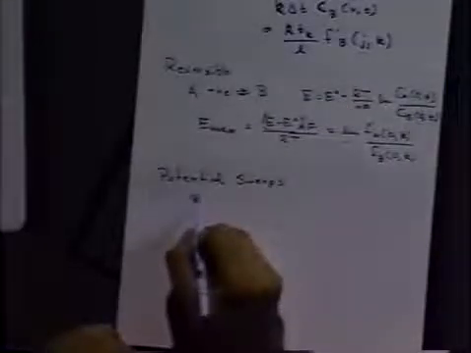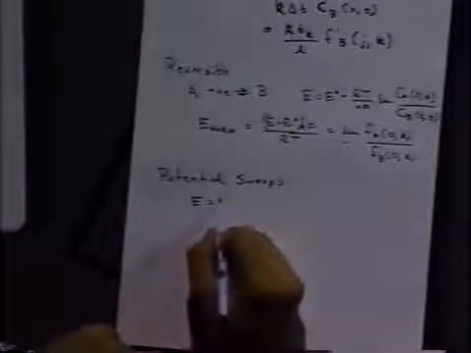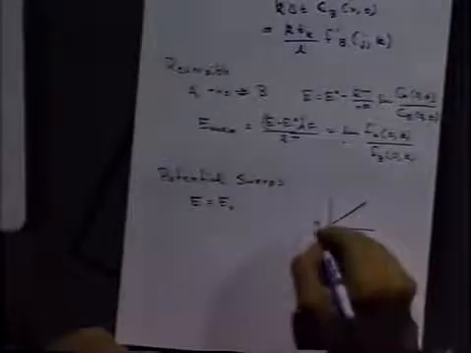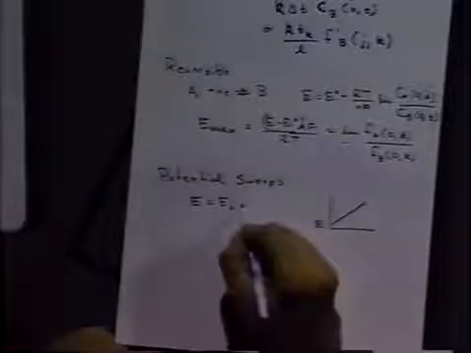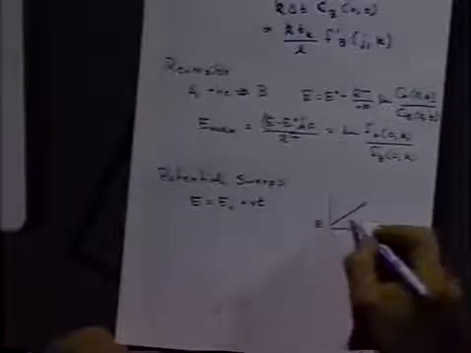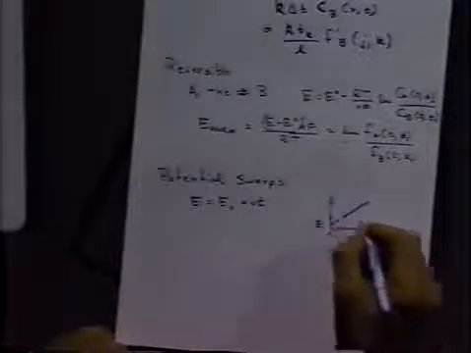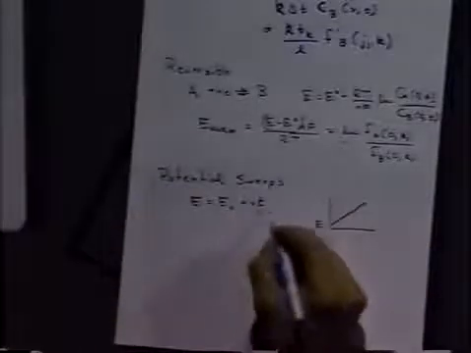In this case, the potential is not a constant as it is here and before, but it's going to vary. And usually we're talking about linear potential sweeps, so in that case the E would be whatever the initial potential would be. So we're talking about a potential sweep with the E initial, and then there would be a sweep rate times time to give us the increment in potential with time. So at some point in time down the road, we would have some potential that would be different from the initial by the factor Vt.